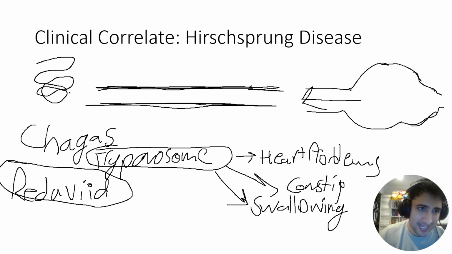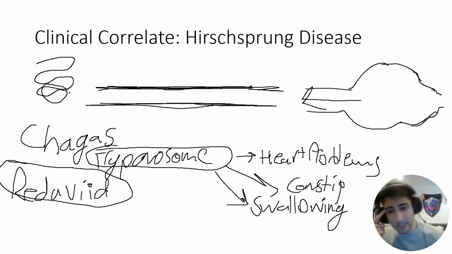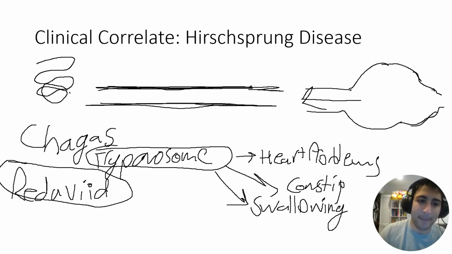And it's not as straightforward as that, but let's leave it at that for now, just for the purpose of our discussion. It's going to destroy the parasympathetics. So if Hirschsprung's disease is an embryological issue where the parasympathetics never really properly developed, Chagas disease is when those parasympathetics get killed off or destroyed by the parasite, and you get the same outcome. All right? So those are two concepts I wanted to illustrate.